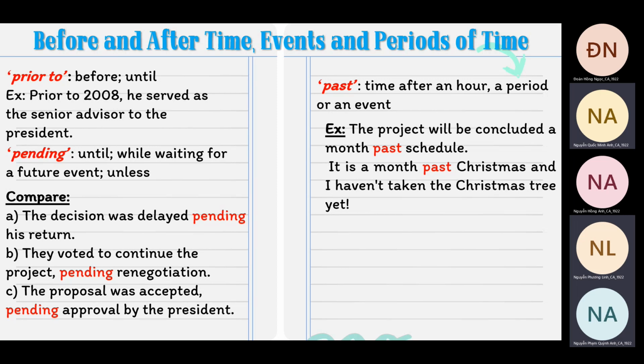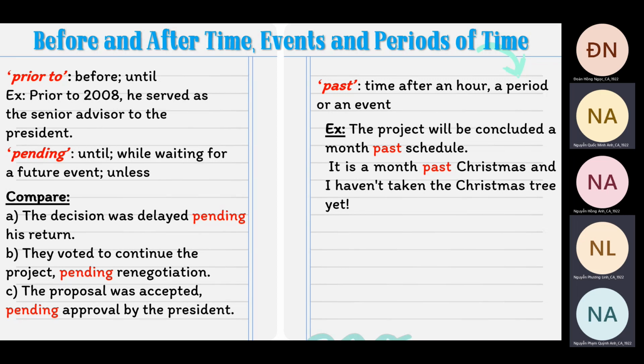B. They voted to continue the project pending renegotiations, which means that they voted to continue the project under the condition that there will be a renegotiation before they actually continue the project. Or C, the proposal was accepted pending approval by the president, which means that the proposal was previously accepted but will not be implemented until or unless the president approves it.